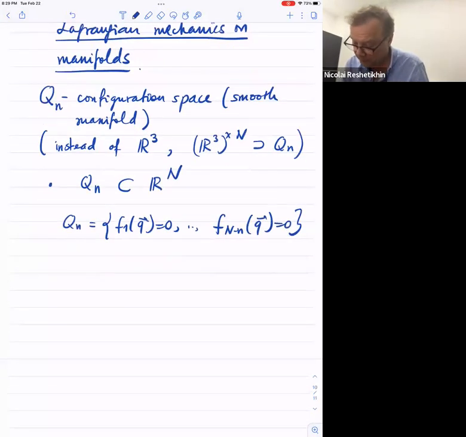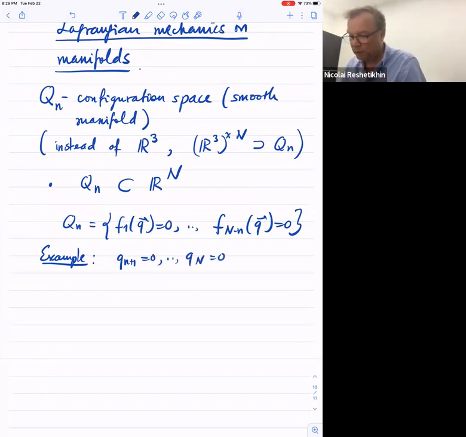For example, you can say q n plus 1 is 0 and qn is 0. So you have n minus 1 coordinate functions vanishing. In this case, qn is just Rn embedded in this very special way into Rn capital. And then typically, these level sets will not be smooth, but let's assume for a moment that it's smooth.